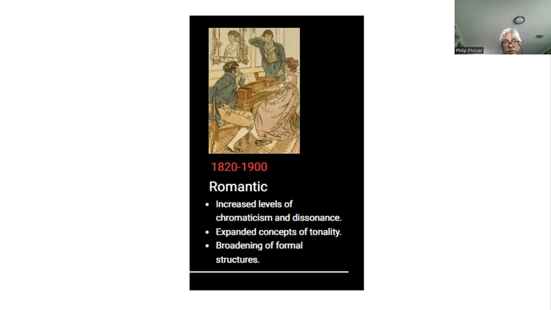Sometimes they don't change. And then 1900, the end. Well, things were already changing before 1900, and then the romantic period goes on, and to this day, people still write music where you would say, oh, that's romantic music.